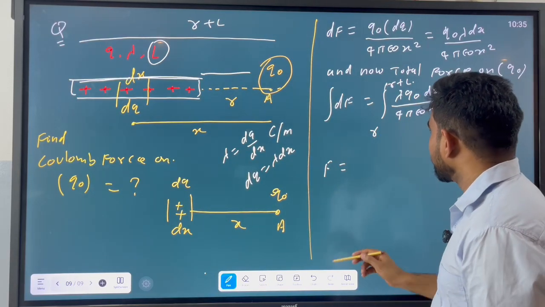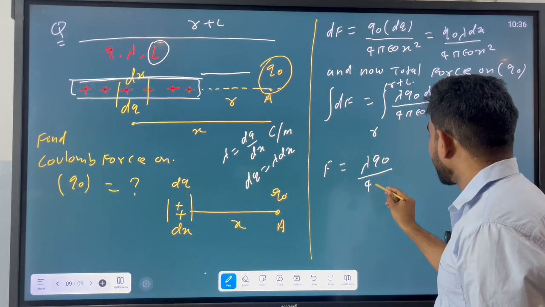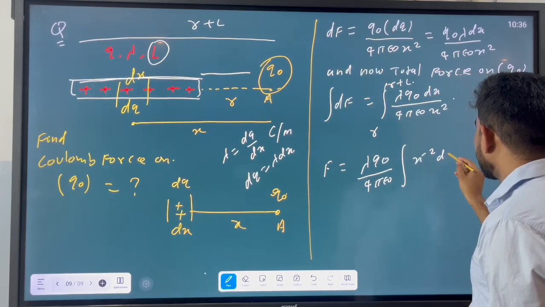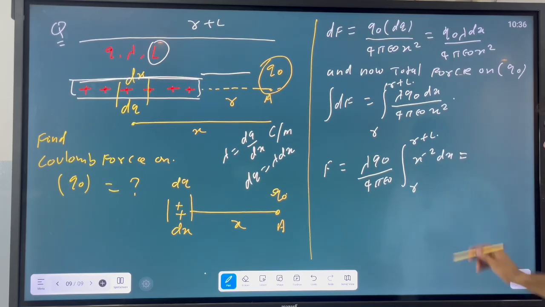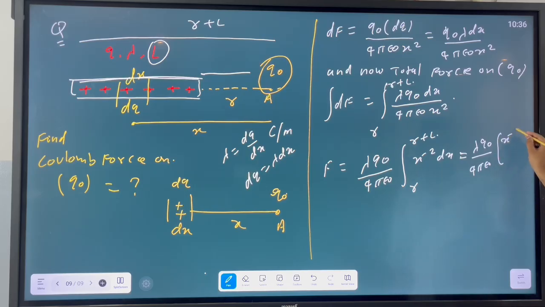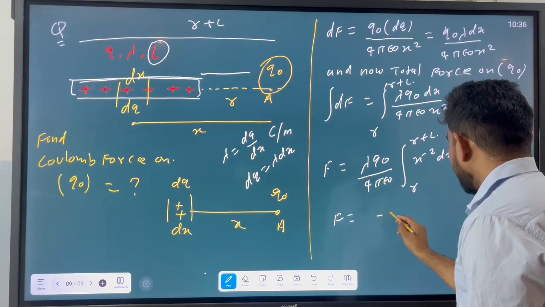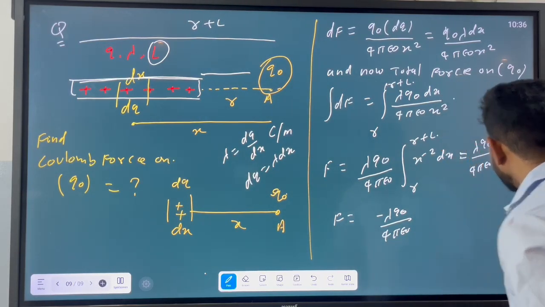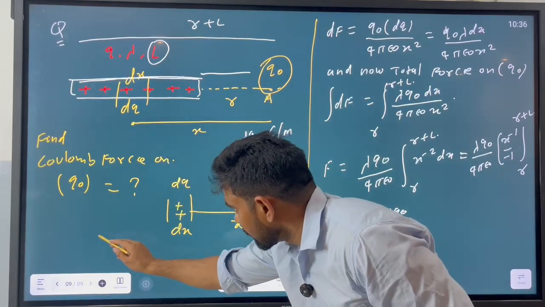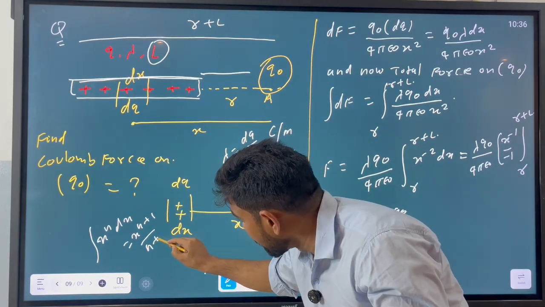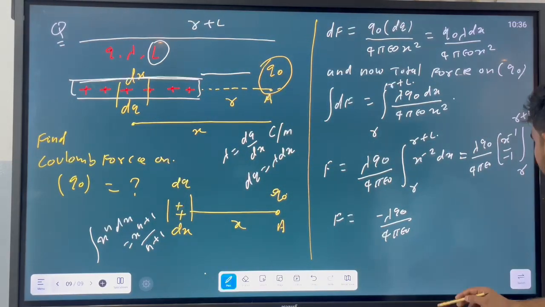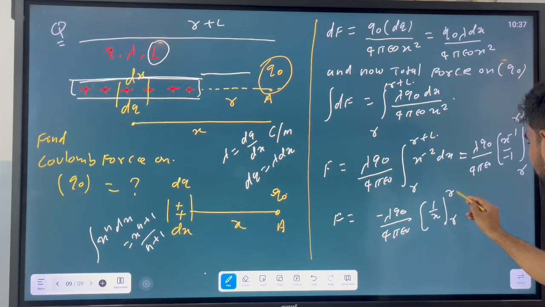So F equal to lambda q naught divided by 4 pi epsilon naught times the integral of x power minus 2 dx from r to r plus L, which gives x power minus 1 divided by minus 1 from r to r plus L. So F equal to minus lambda q naught divided by 4 pi epsilon naught, because the integration formula is the integral of x power n dx equal to x power n plus 1 divided by n plus 1, and here 1 by x with limits from r to r plus L.